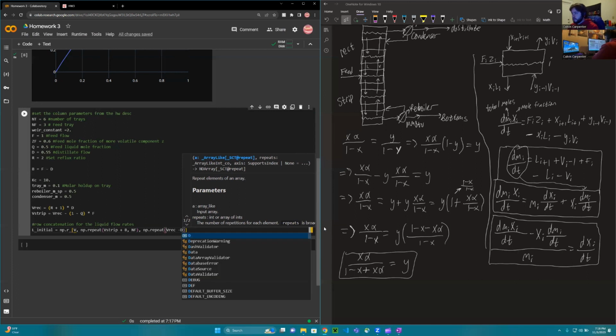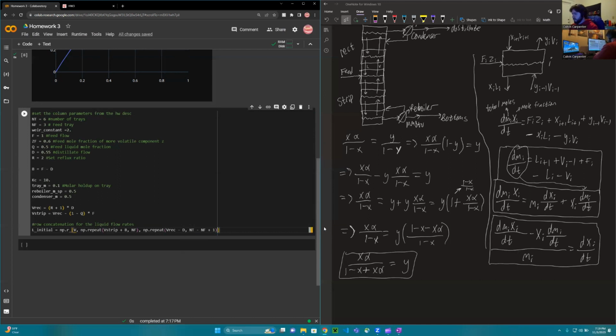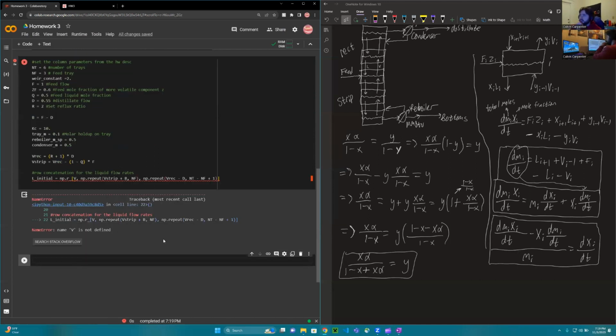And this one we're going to do for NT, which is number of trays, minus NF plus 1. Okay, we're going to close that out. Make sure that works. Okay, something's wrong with this one.